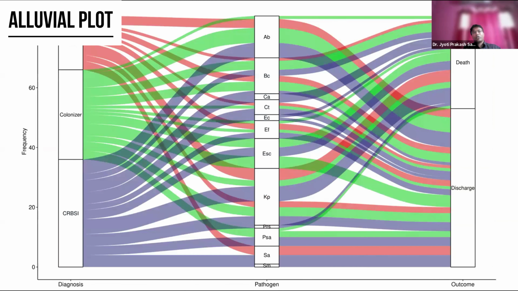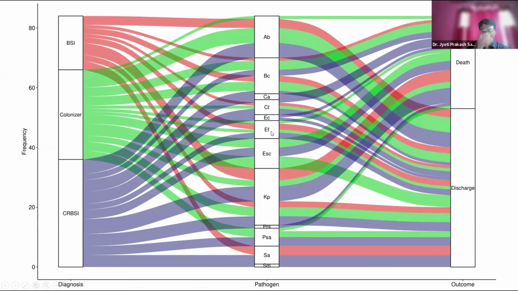This is the alluvial plot for the same study, same CRBSI, BSI, colonizer, same study. Here are the pathogens detected: Acinetobacter baumannii, Burkholderia cepacia, Klebsiella pneumoniae, Escherichia coli, Enterococcus faecalis, Candida albicans, tropicalis, Pseudomonas aeruginosa.